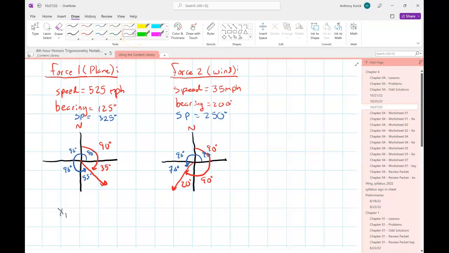I'm going to compute an x1 and y1 for this force. That's just going to be the speed times cosine of the standard position angle, and then speed times sine of the standard position angle. And we'll do the same thing over here.